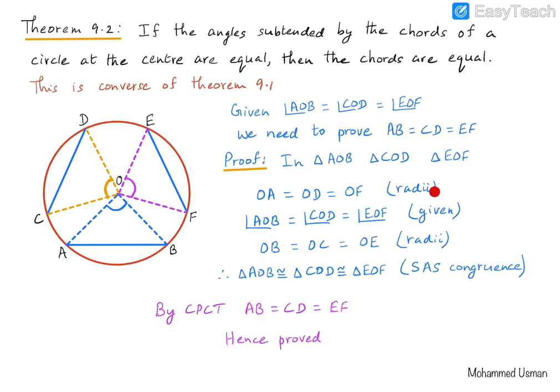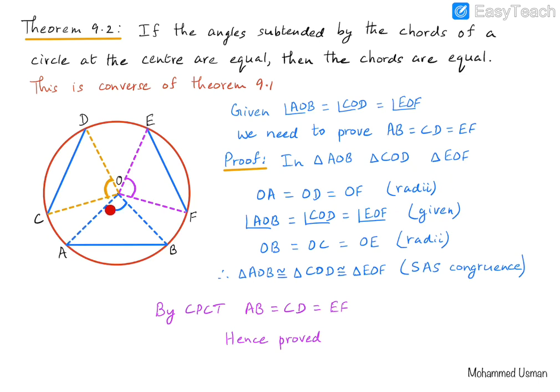So that's one side equal because they are all radii of the circle, and the radii of the circle drawn from any point on the circle to the center must be the same. So OA equals OD equals OF.